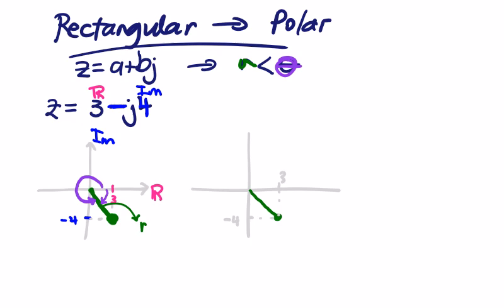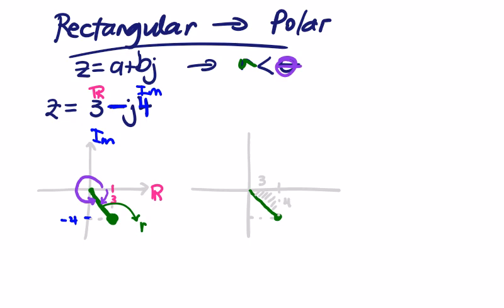So in terms of a triangle, this green bit would be the hypotenuse of the triangle. This measurement here being 3 in terms of measurement, and this one here being 4. We know it's negative 4 in the diagram, but for the sake of the measurements, it's 3 and 4.